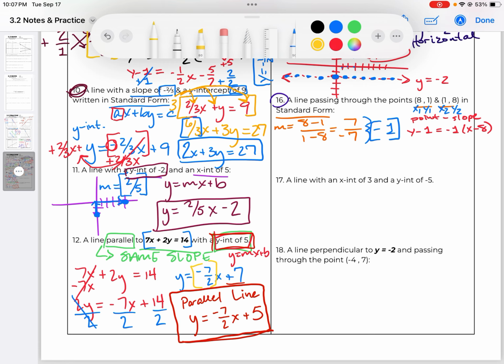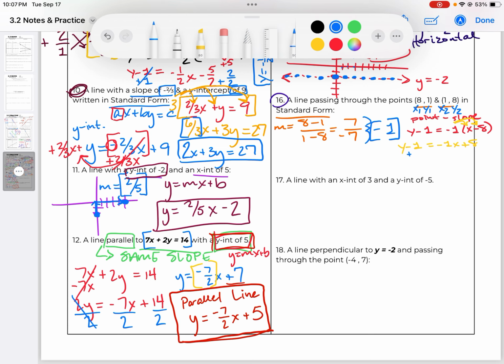So if you remember from earlier, I got to distribute. -1 times x is -1x. -1 times -8, negative times a negative is positive. So I got y minus 1 equals -1x plus 8.